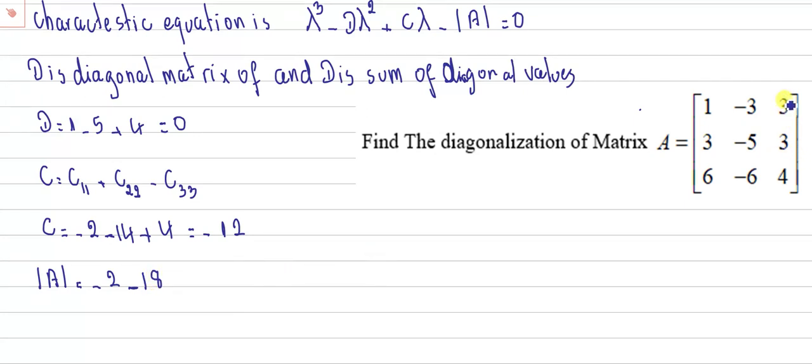And this one is 3. Omit this one and this one. 30 minus 18 plus 30 is plus 12.